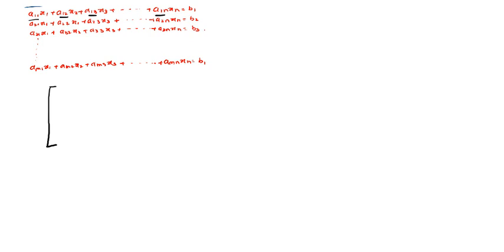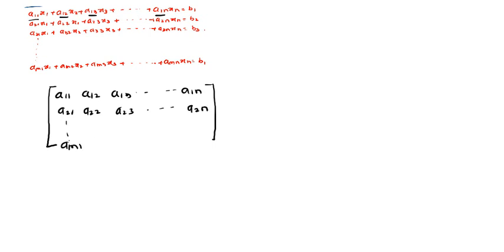Then the second row will be a21, a22, a23 and so on up to a2n, and so on. This will be am1, am2, am3 so on up to amn.